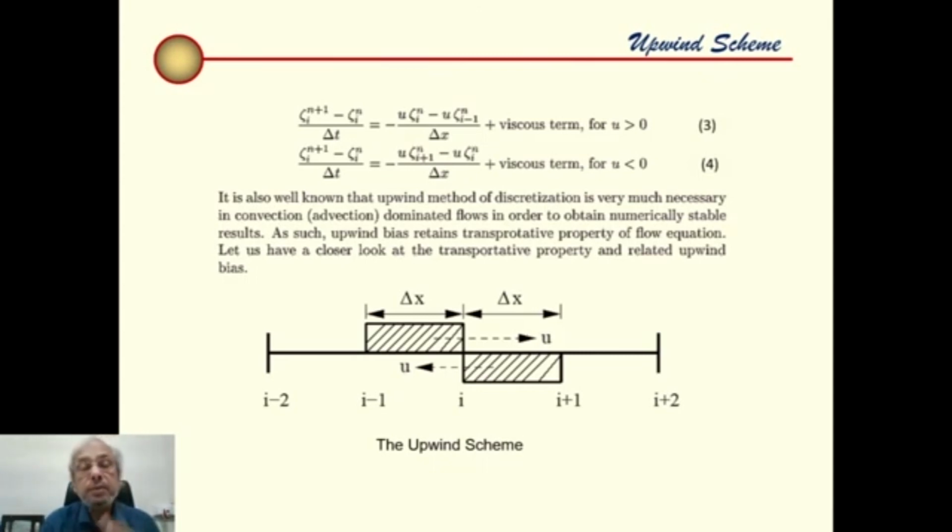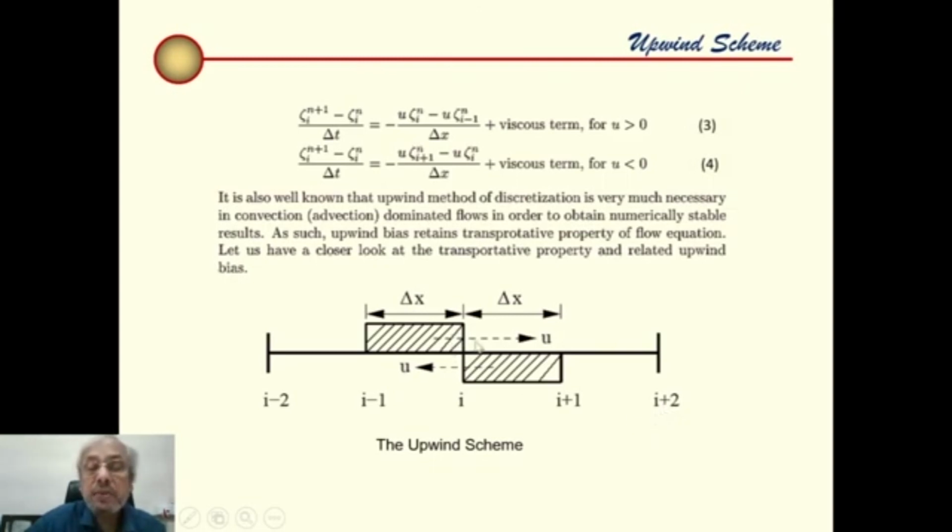What we will do is take up equation 3 and equation 4 and test their effect, again on a one-dimensional domain running from i minus 2, i minus 1, i plus 1, i plus 2.